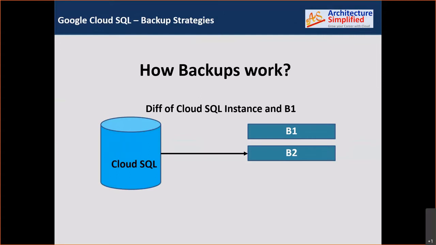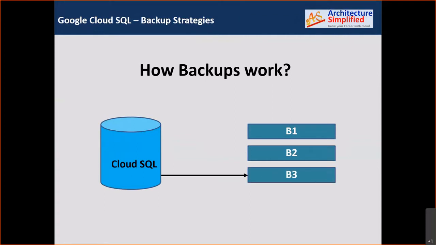Only that data will be captured in the next backup. Now, what if you delete any backup? All the data of that backup will move to the next backup. So you will be having the full data with you so that you can restore from that backup.